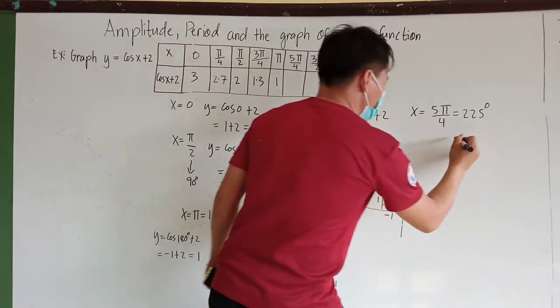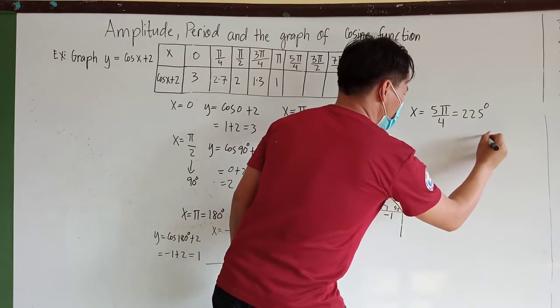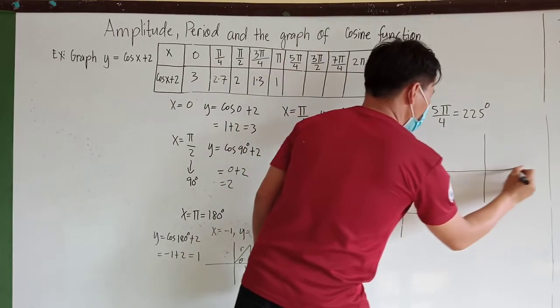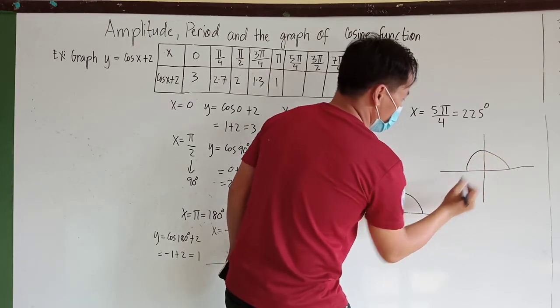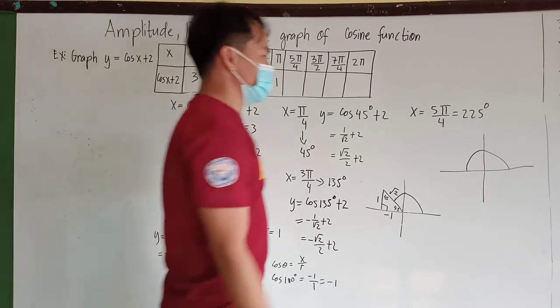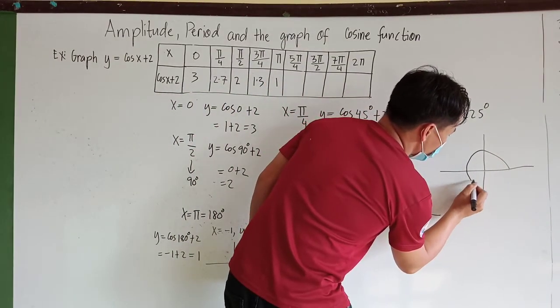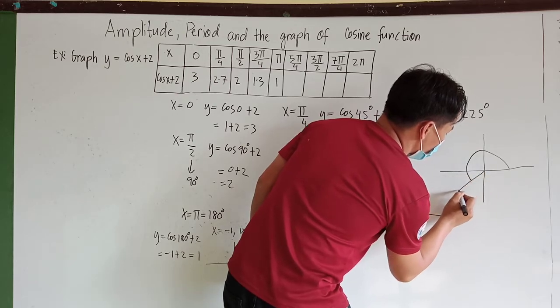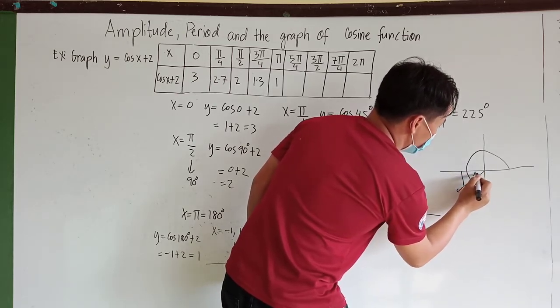So if we are going to graph that one using the rectangular coordinate plane, we have 90 degrees, and 180. So let me just fold it so that I can see 225, we have 45 degrees. So this one is 45 degrees.